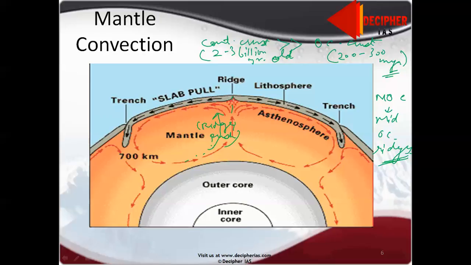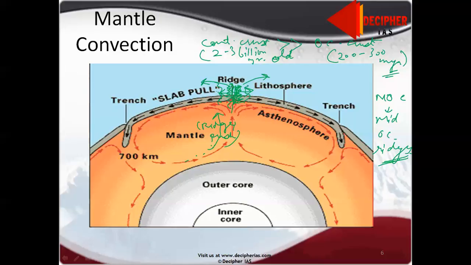When this splitting up of the oceanic crust occurs here, the magma is released, and when it solidifies, it leads to formation of this ridge, which we call mid oceanic ridges. Now this process happens again and again, and hence this ridge moves sideways because the oceanic crust splits up again and new oceanic crust arises and the older one moves here.